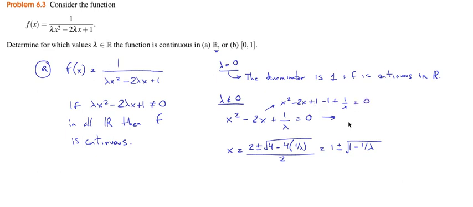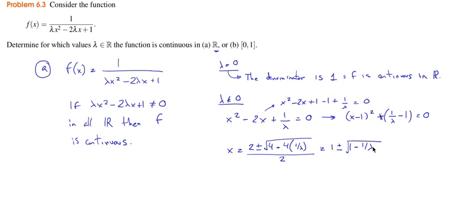This is (x minus 1) squared, plus 1 over lambda minus 1, equal to 0. Yes, this will be interesting later on. So now the roots of this polynomial are 1 plus this, 1 minus this.